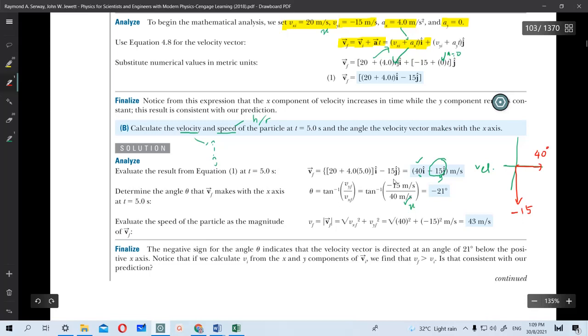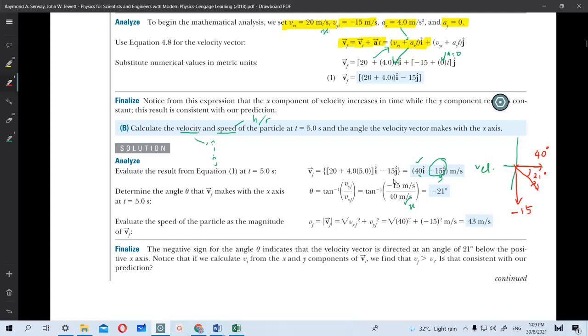So our angle of 21 is measured over here, 21 degrees below the positive x-axis. And in the case that it's negative, it's because of the way it's being read, either clockwise or counterclockwise.